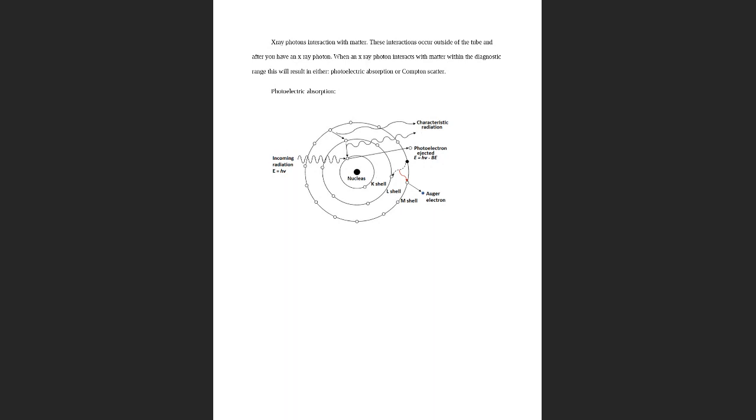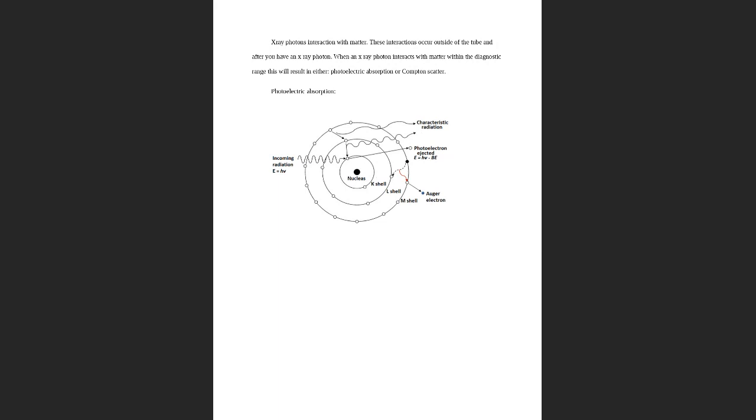So now, once we leave the tube with an X-ray photon, we'll talk about the different ways that the X-ray photon actually interacts with matter. And we know that matter can be the patient, it can be our barriers, it can be anything in the X-ray room, including us if we're in the X-ray room.